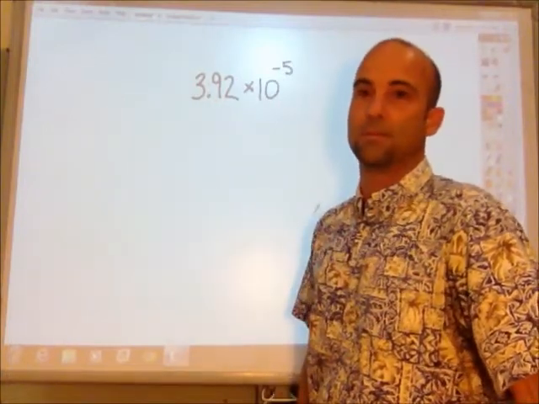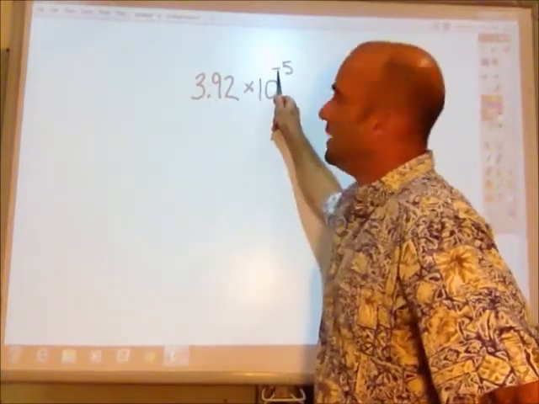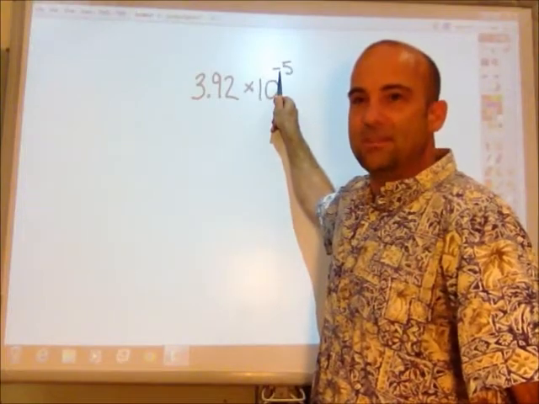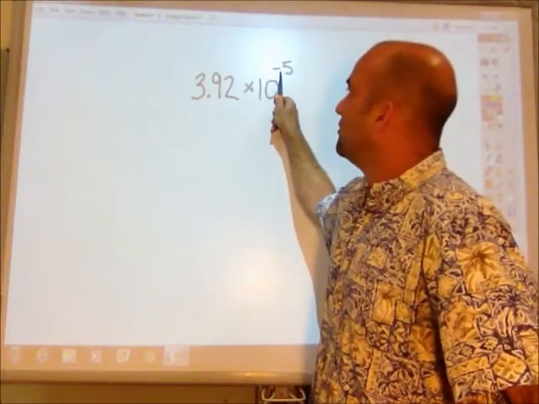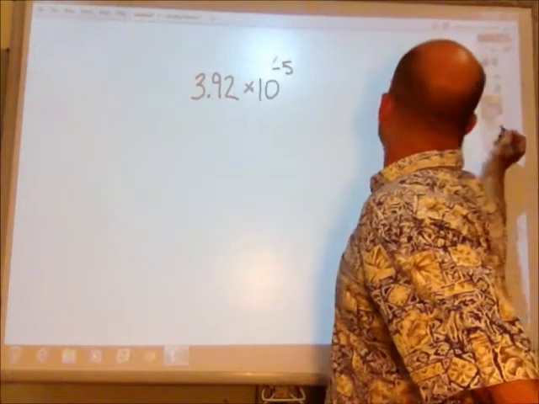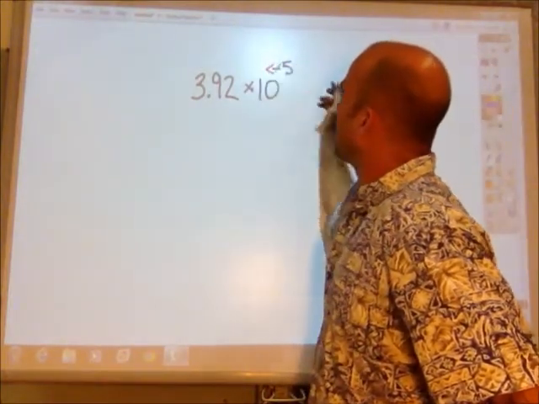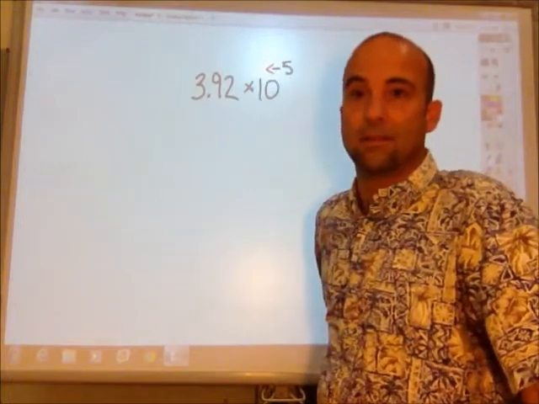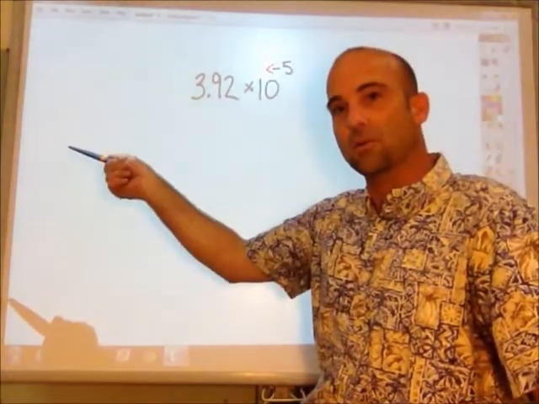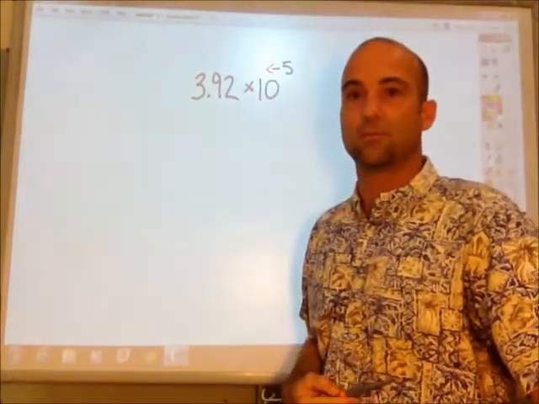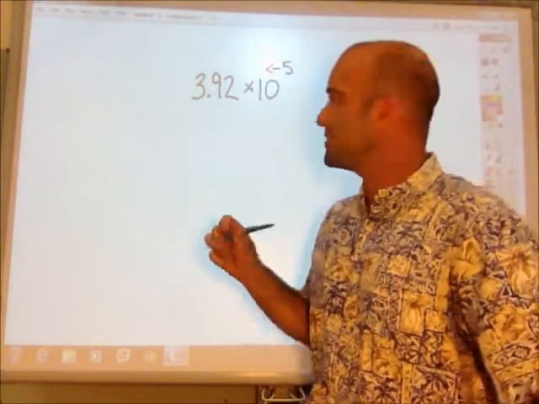It's going to be a decimal. Another thing, if you see this negative exponent, imagine that it is an arrow pointing that way. And that's telling you you're going to need to move the decimal that way to make this number smaller. We need to move it 5 places.